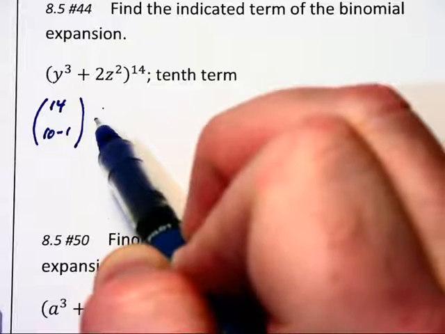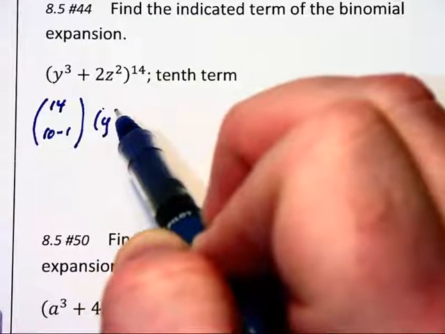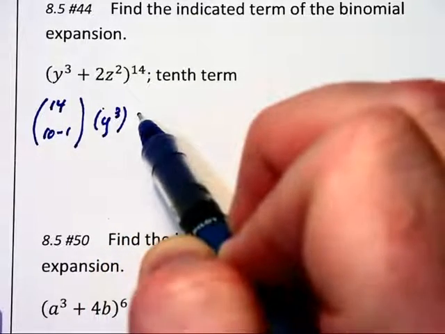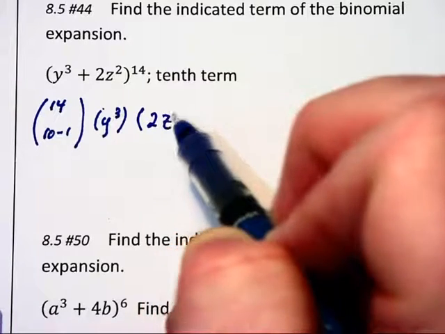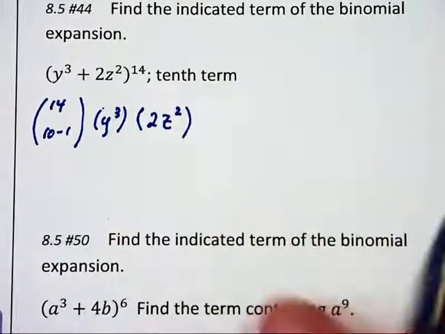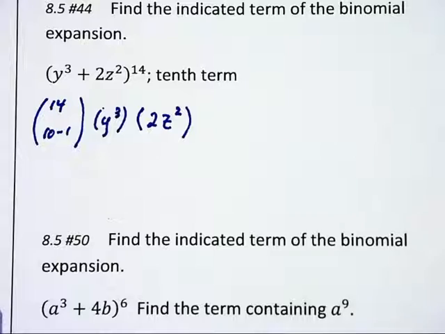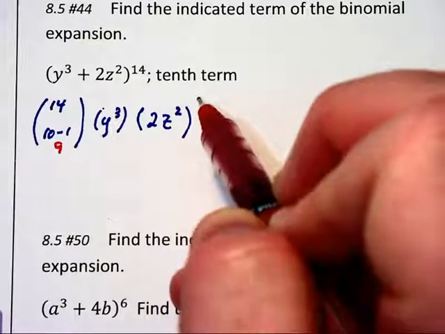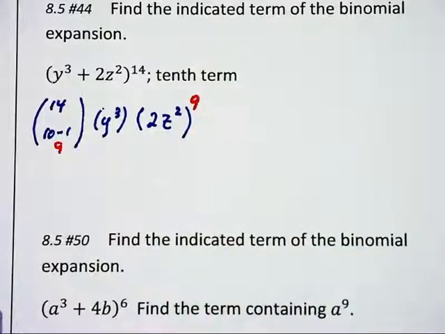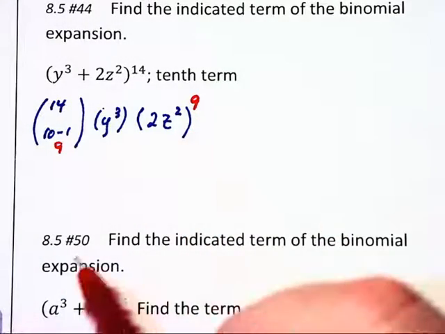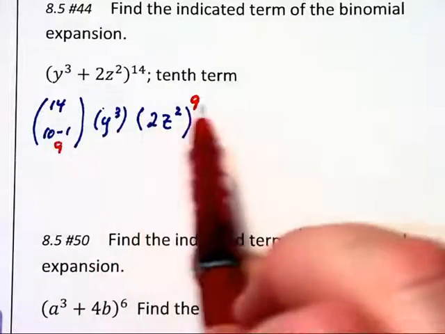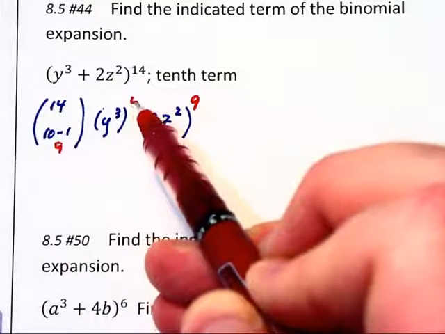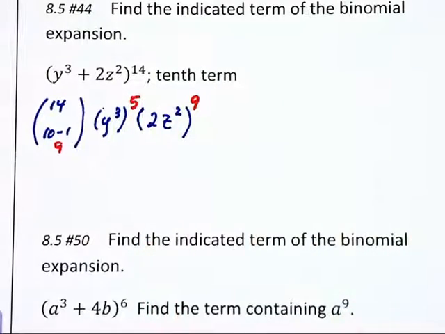This will be times y cubed to some power times 2z squared to some power. Well, the trick is, when you notice that down below 10 minus 1 is 9, that's going to match with 9 up above this second exponent, and these two exponents need to add up to 14, which means the first one is going to be a 5.